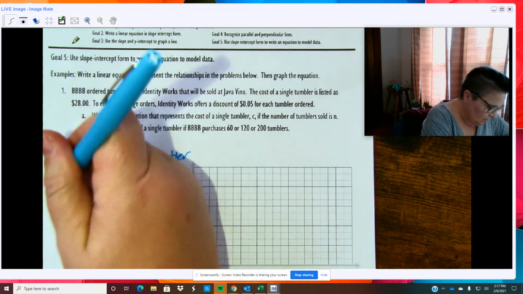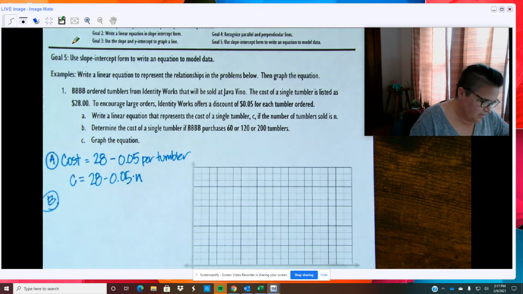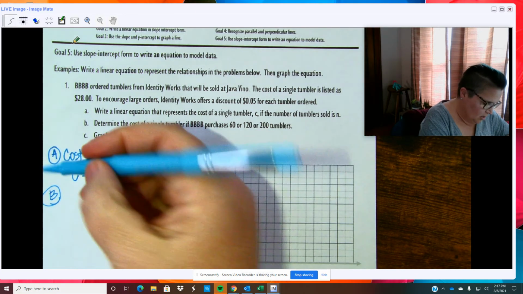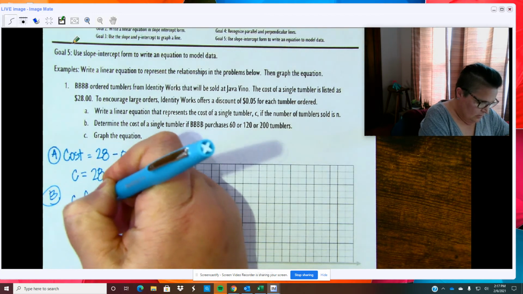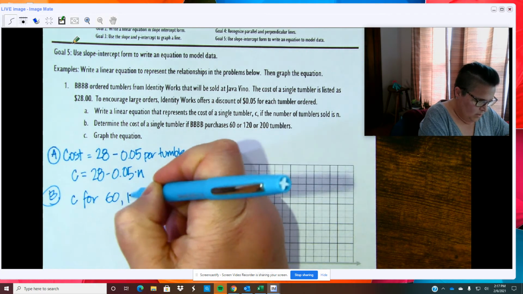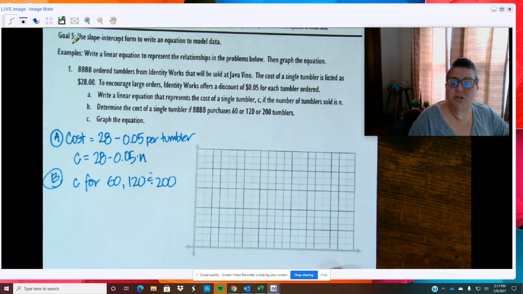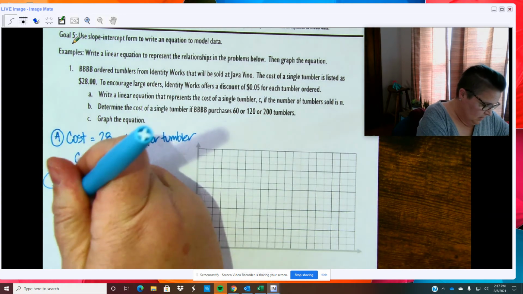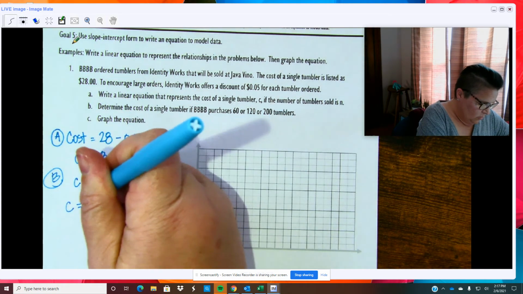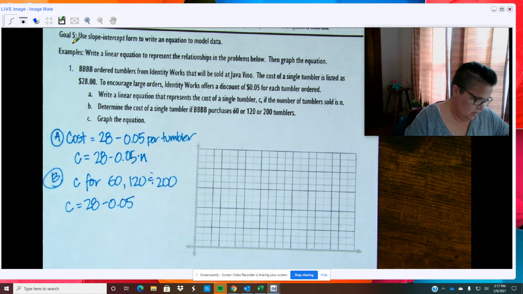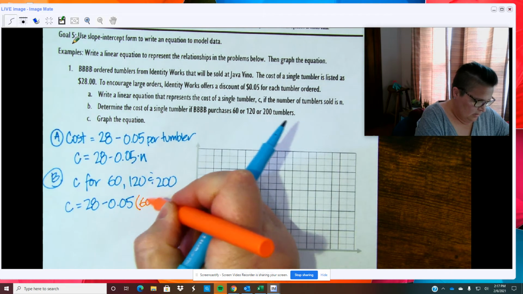All right. Part B says determine the cost of a single tumbler if they purchase 60 or 120 or 200 tumblers. So what they're doing here is asking us to find the cost for 60, 120, and 200. So this is like creating the table. C would be 28 minus 0.05 times 60.